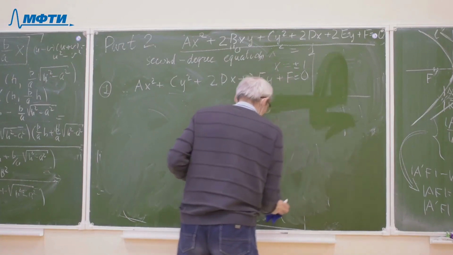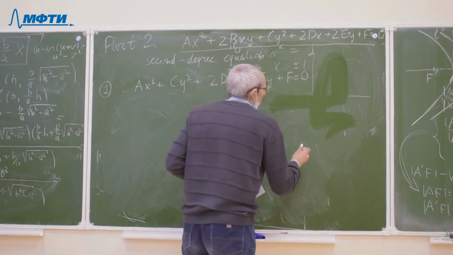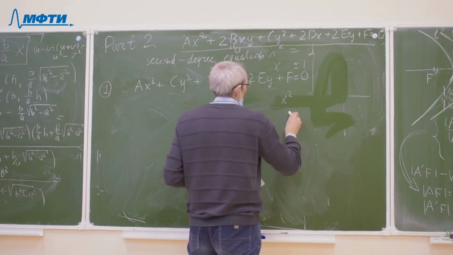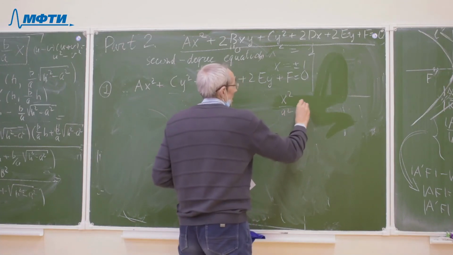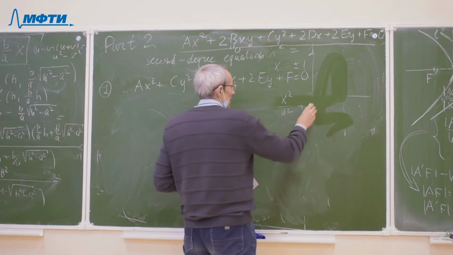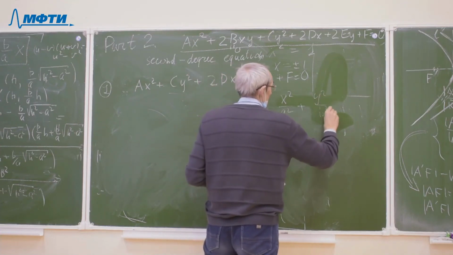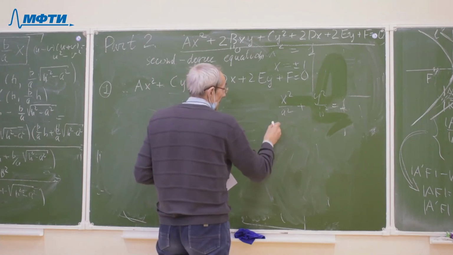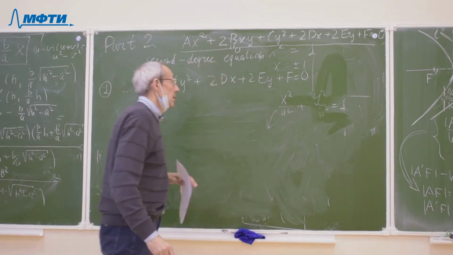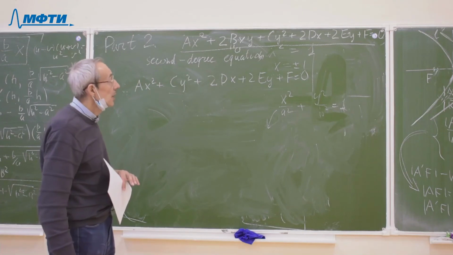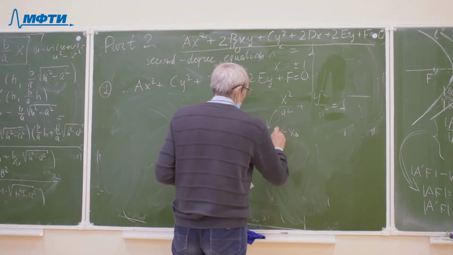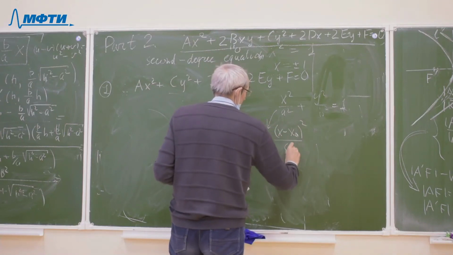I recall, for example, the equation of the ellipse: x squared over a squared plus y squared over b squared is equal to 1. And if we move the origin of the coordinate system, we obtain the equation in the following form.